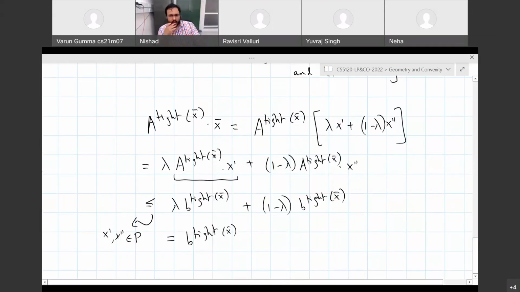Okay. How do we complete the proof at this point? What is this equal to? Given that we are looking at the vector x bar and we are looking at the tight constraints, what can you say about this quantity?